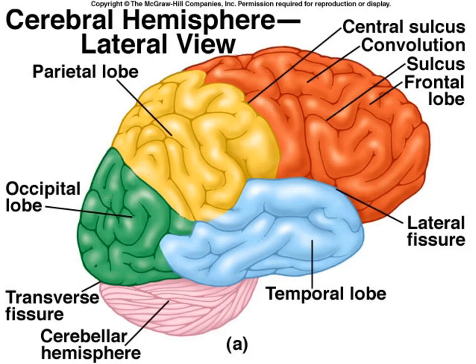The line separating the frontal and parietal lobe is your central sulcus, and the other fissure, which is a little bit deeper, is the line that separates pretty much the frontal, parietal, and occipital lobe away from the temporal lobe.